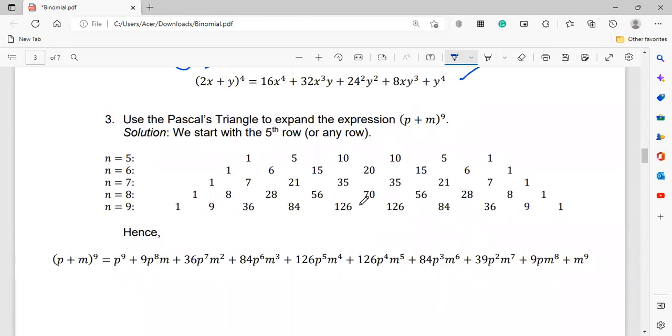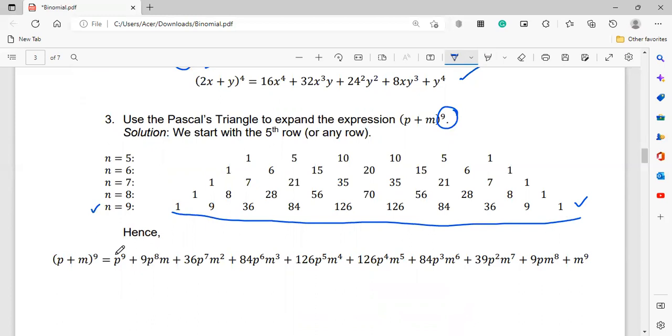Third, what if we're going to expand up to the 9th power? Then this is how it looks. If we're going to expand p plus m raised to 9, then we can make use of n that is equal to 9. Hence, we have these numerical coefficients here. Okay?